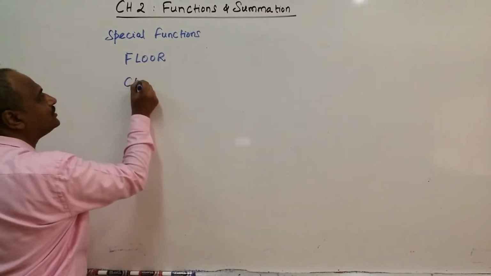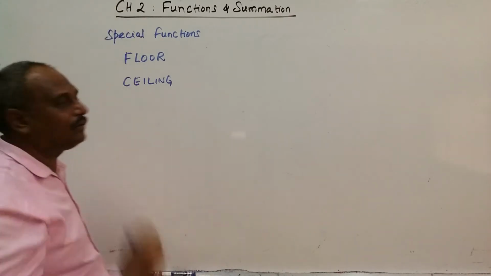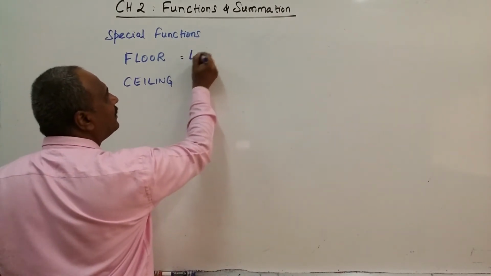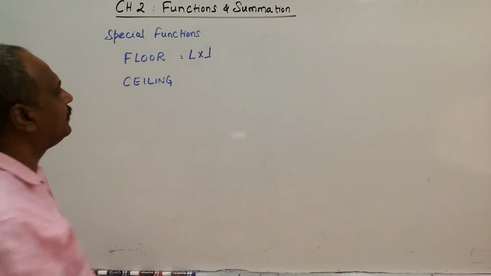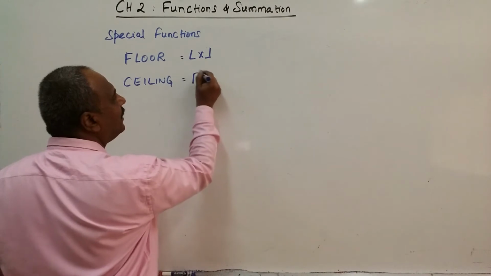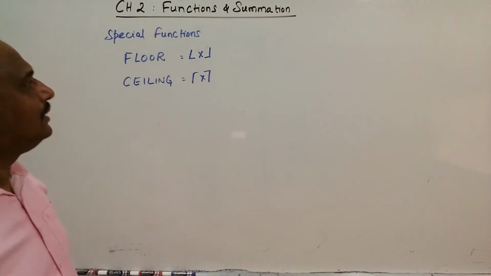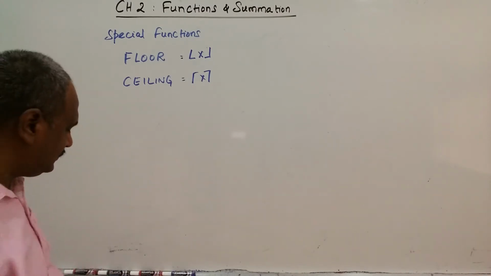The second is ceiling, the top. We represent the floor function with small brackets, and the ceiling in the opposite way, to represent that we take the upper values.